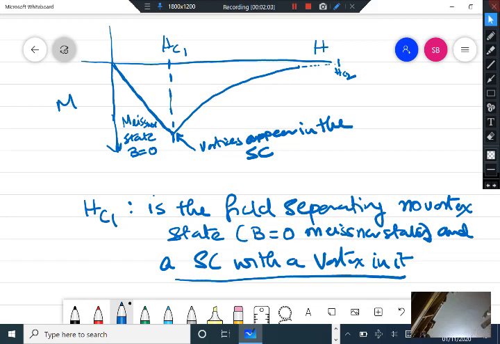So it is just the boundary between a superconductor without any vortex on one side, and a superconductor with a vortex on the other.